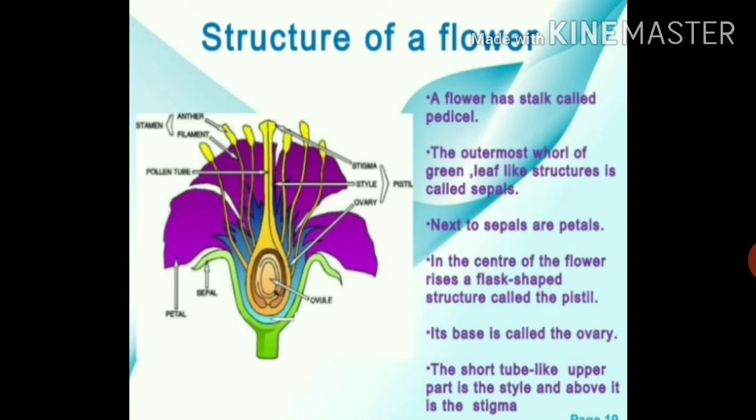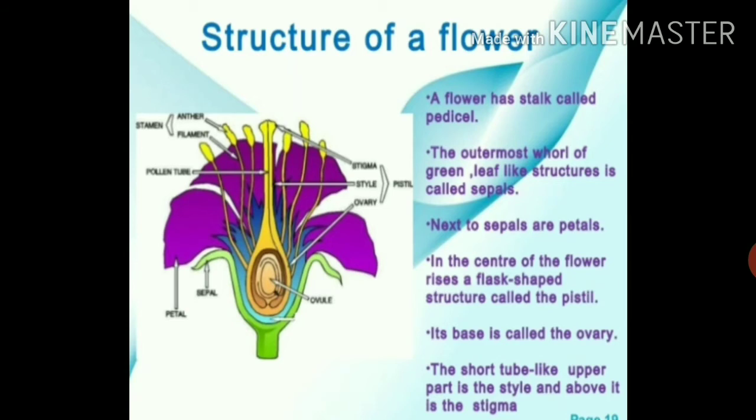The leaf-like colored whorl next to the sepals is called petal. The petals are collectively called corolla. The bright color and fragrance of the petals attract insects that help the plant in reproduction. Different flowers have petals of different colors.